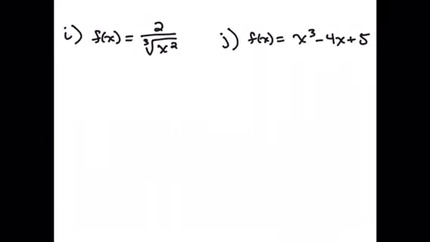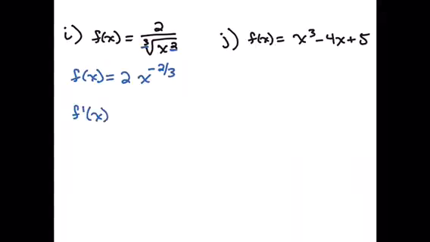Okay, again, I need to rewrite my original function so that I can see the exponent. So here I have f of x equals 2 times x. Well, this 3 and this 2 mean the exponent's 2/3. And since we're in the denominator, that means it's a negative exponent.